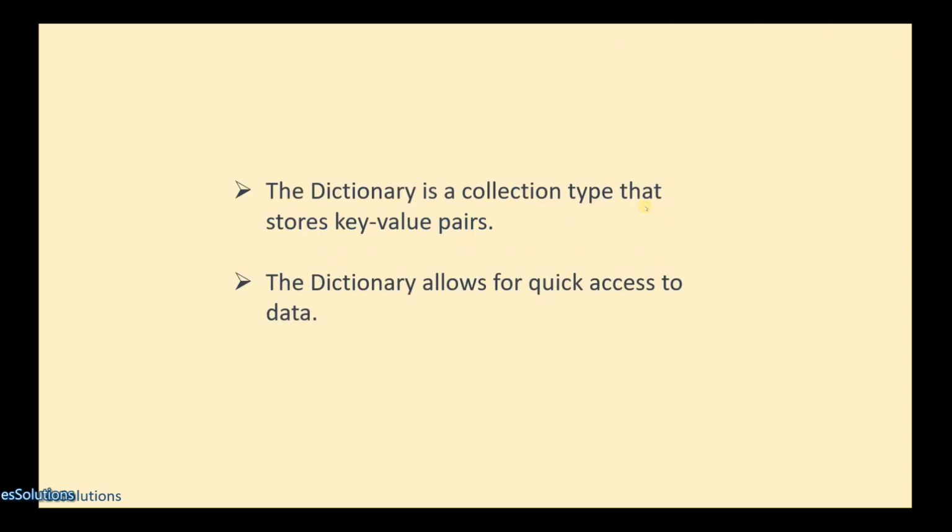The dictionary is a collection type that stores key value pairs, and the second point is that it allows for quick access to data. These are the two basic differences we have between a dictionary and a list.